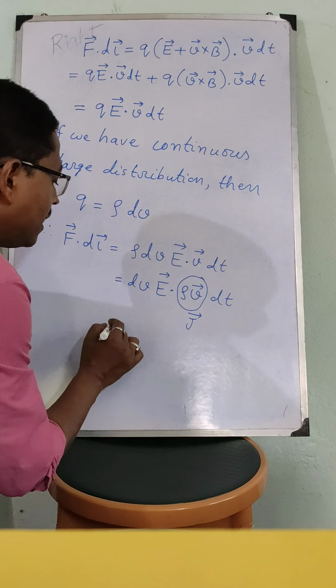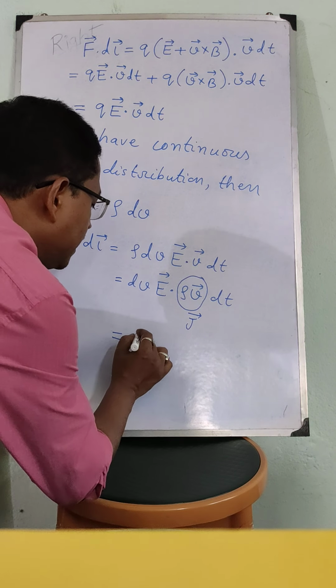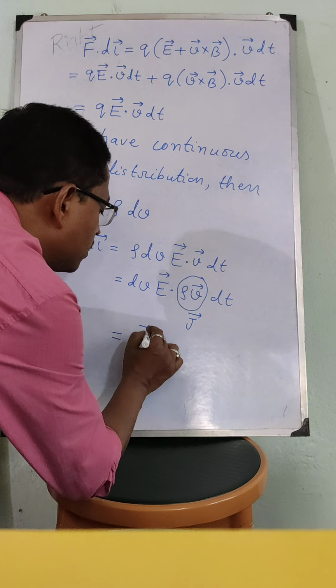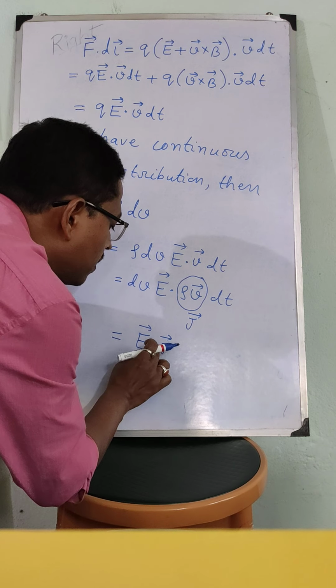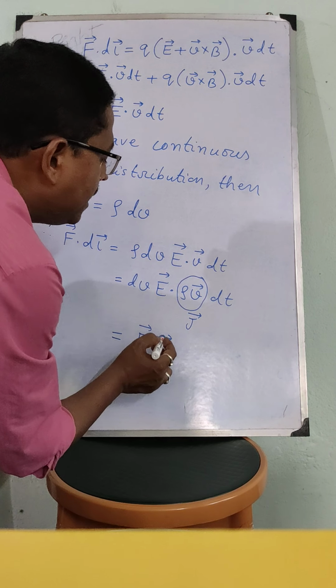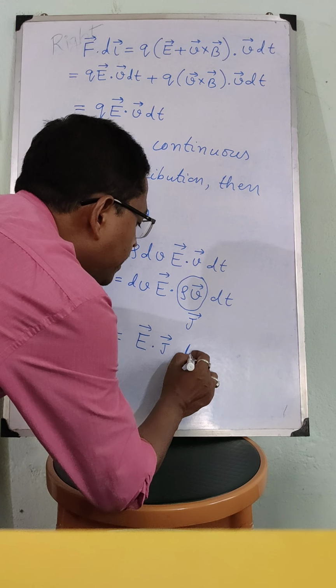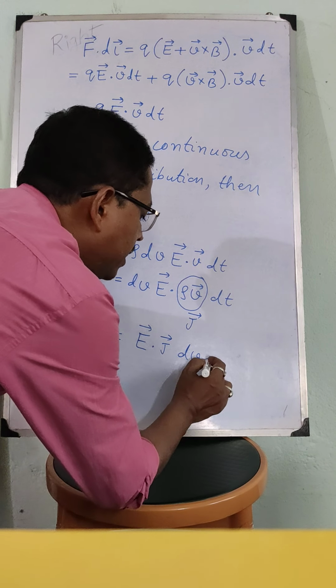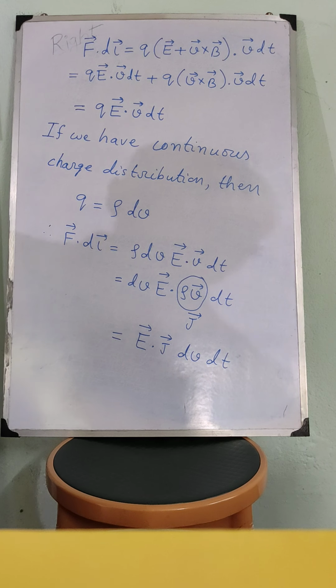So F dot dl becomes E dot J, the current density vector, then dV, the differential volume element, and dt, the differential time.